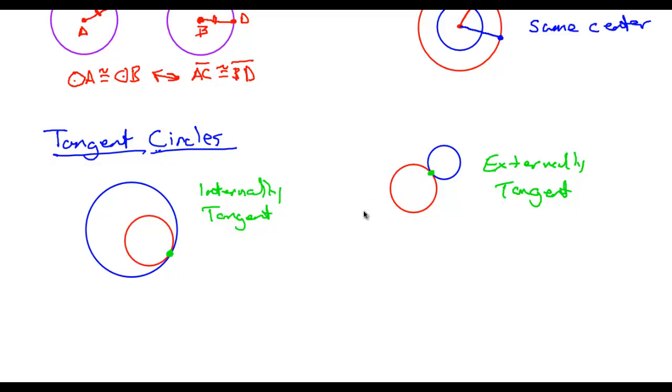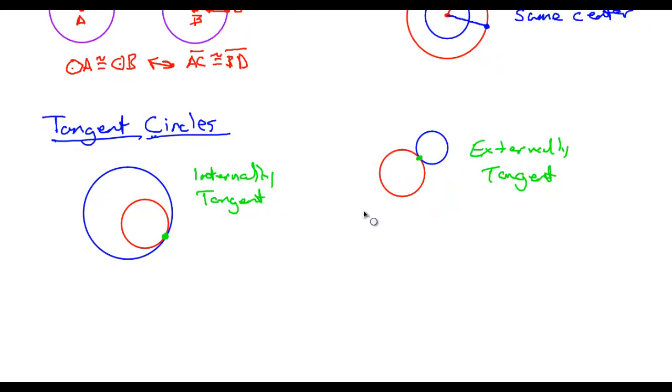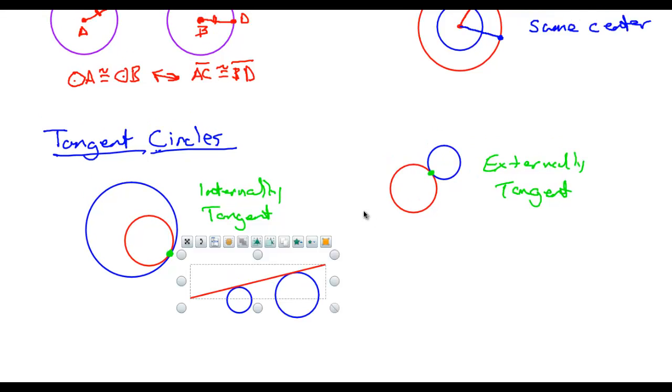Now, another thing that goes along with internal and external is if we have two circles like this, and these two circles have a common tangent like this, and we could draw another one on the other side.